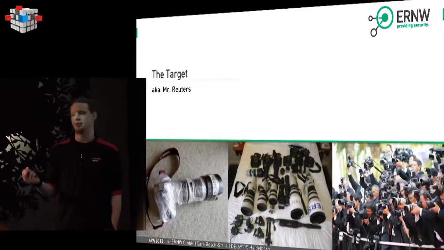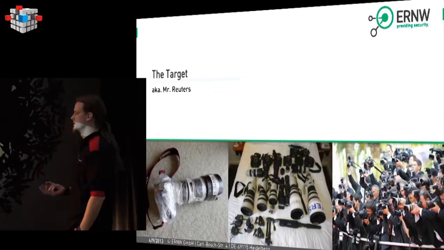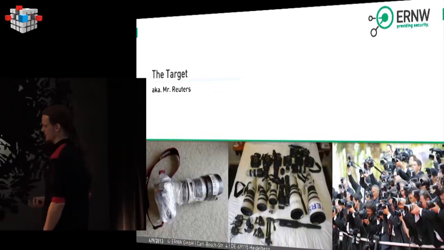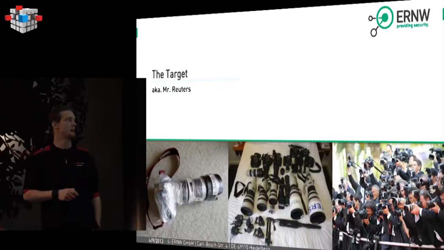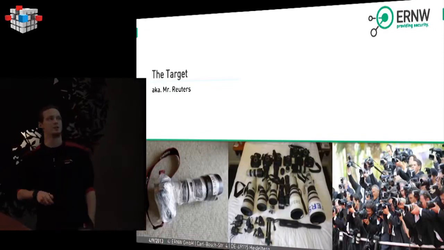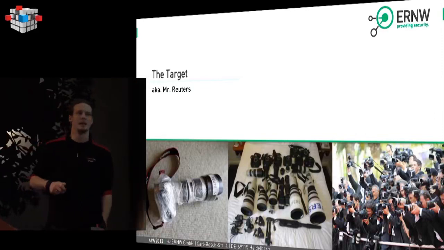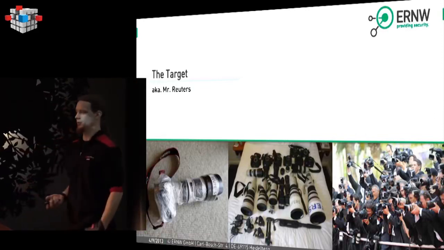So who is the target? Who is concerned about security with those kinds of cameras? It's mainly people like Reuters photographers. As you see, they're using a bunch of those cameras, standing in crowds just taking photos.